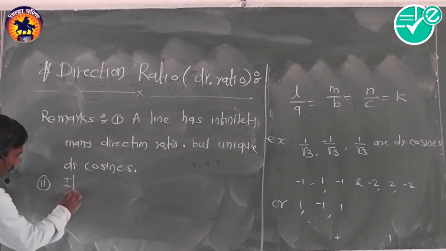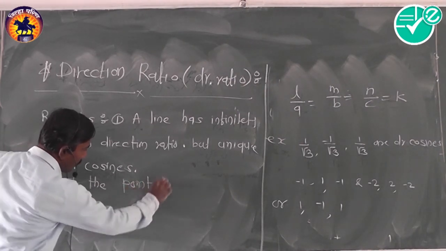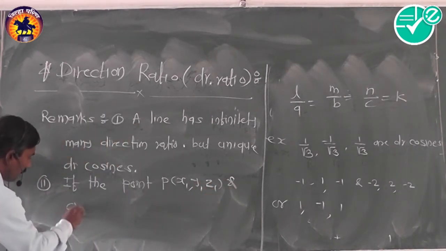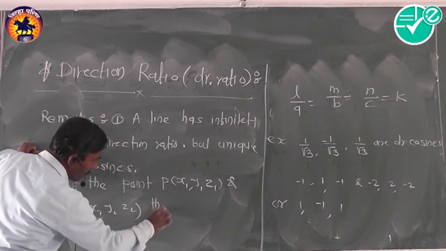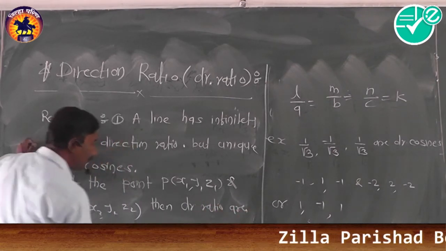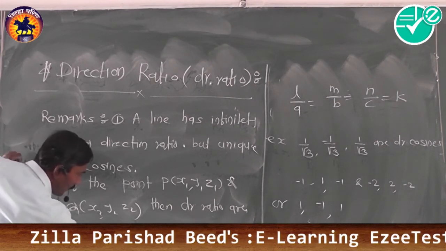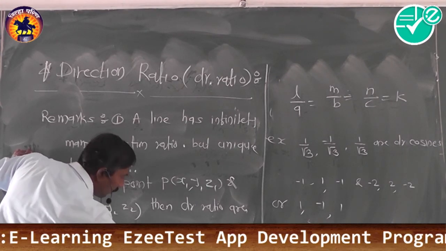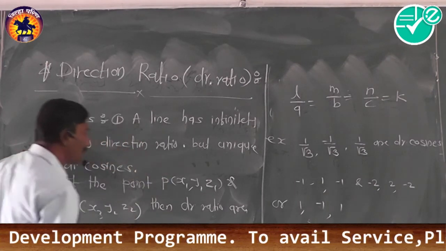If the points are P (x1, y1, z1) and Q (x2, y2, z2), then the direction ratios are A equal to x2 minus x1, B equal to y2 minus y1, and C equal to z2 minus z1.